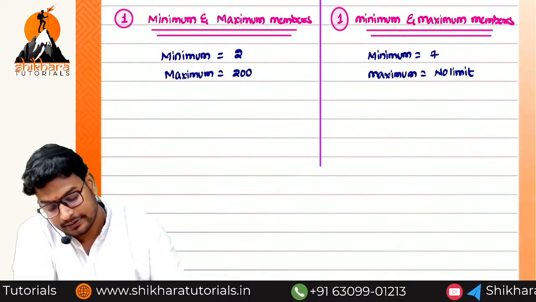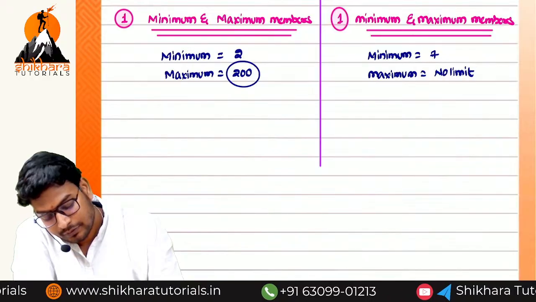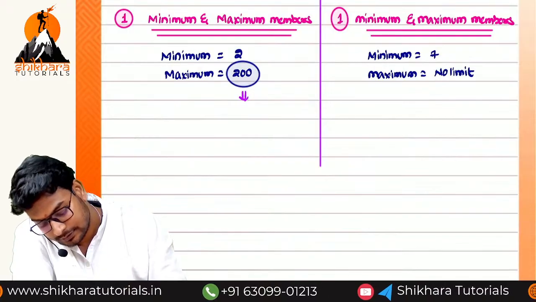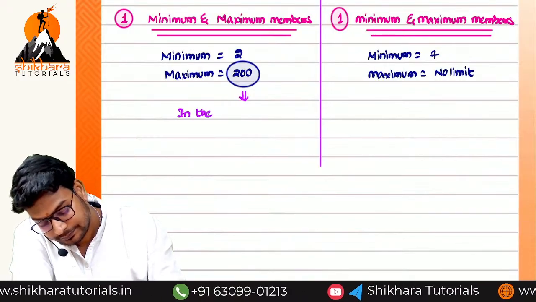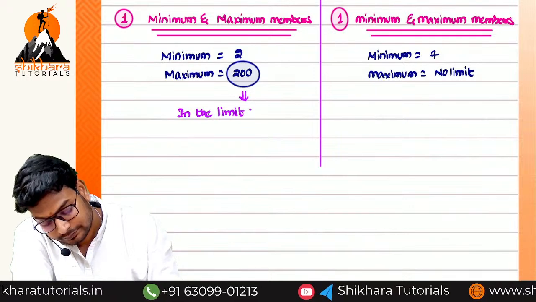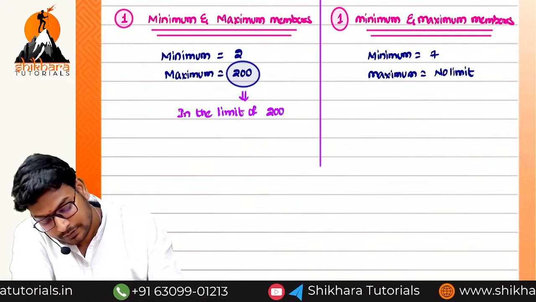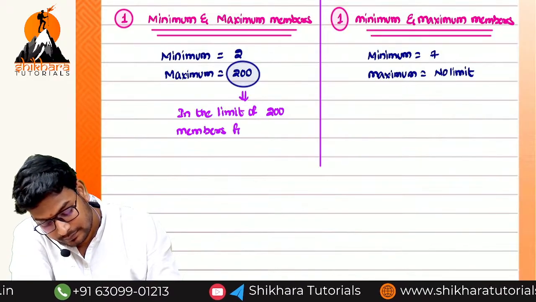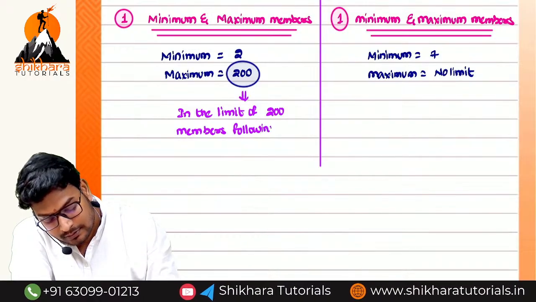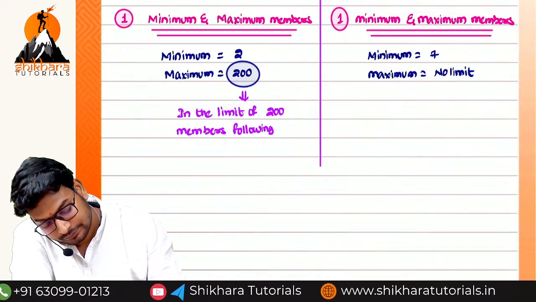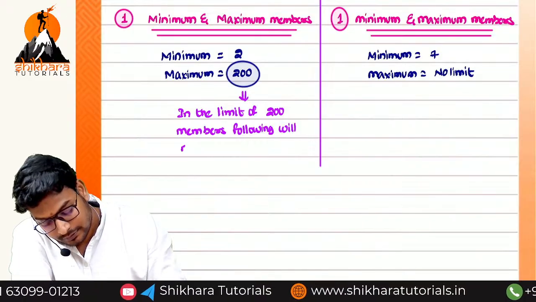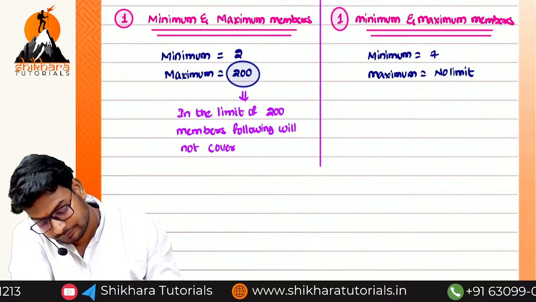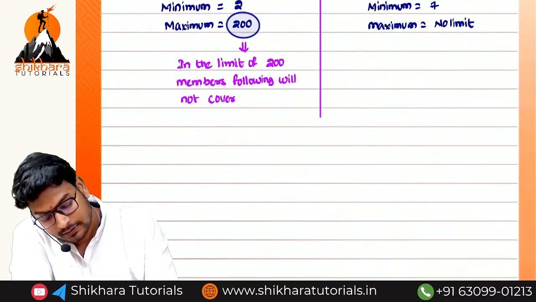So in the limit of 200 members, who are the people not covered? The following will not be covered. What is the first point?